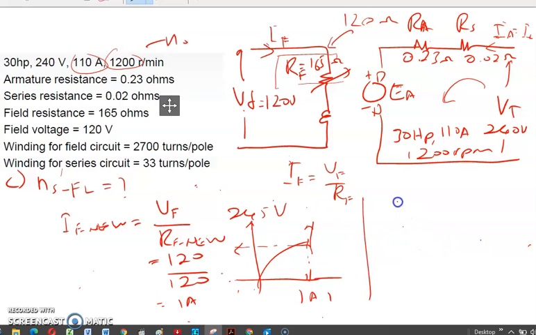Then we can calculate the speed at full load. It is equal to EA full load divided by EA naught times N naught.